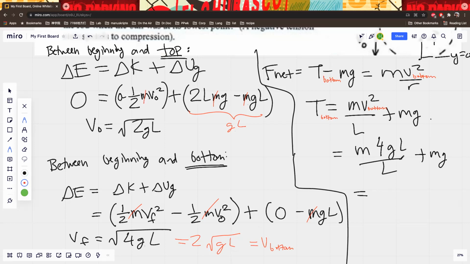We cancel out the L's. So we just have 4mg plus 1mg, so that's 5mg. Yeah, and that's the right answer. The right answer is 5mg.